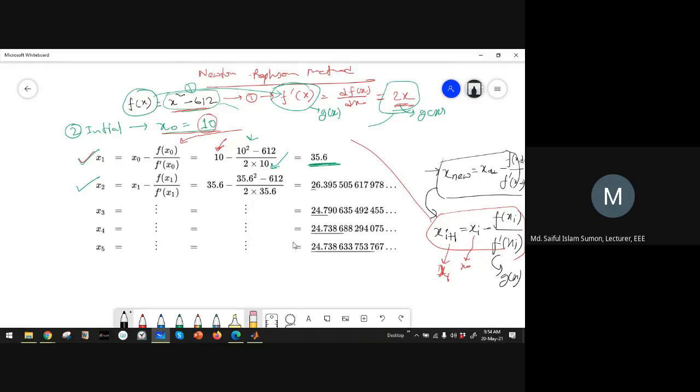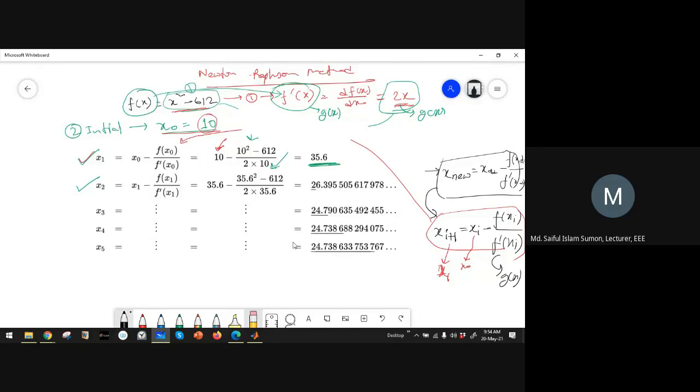But taking an initial value near the solution is important for the Newton-Raphson method. This is one of the disadvantages of the Newton-Raphson method. I don't know the solution, so totally arbitrarily I have to select one value of x.